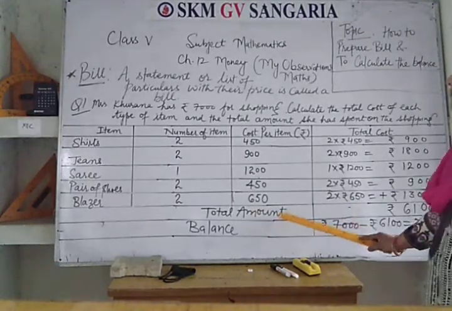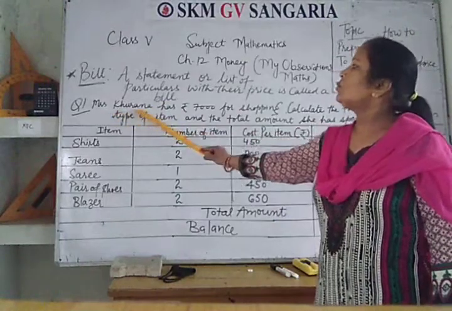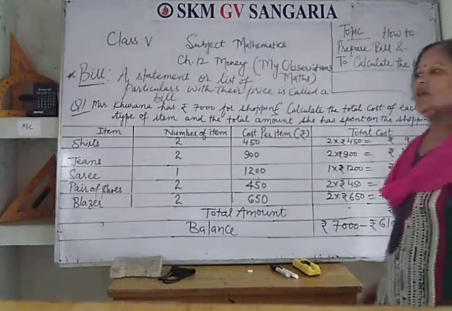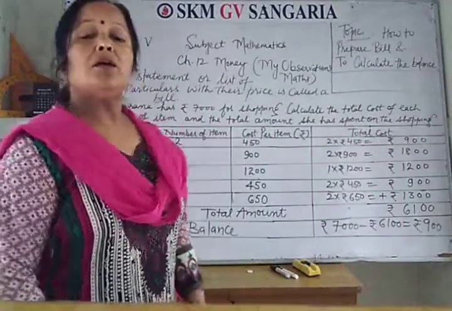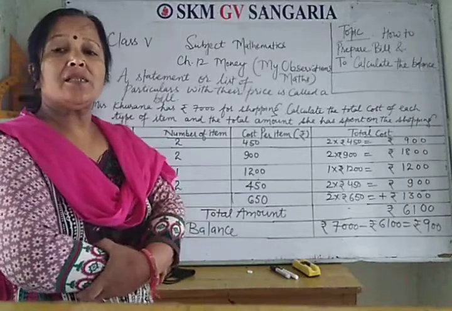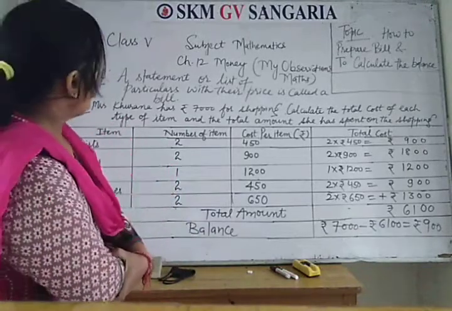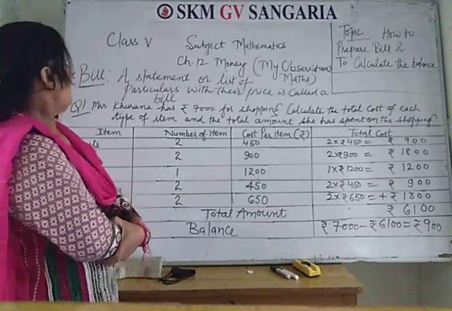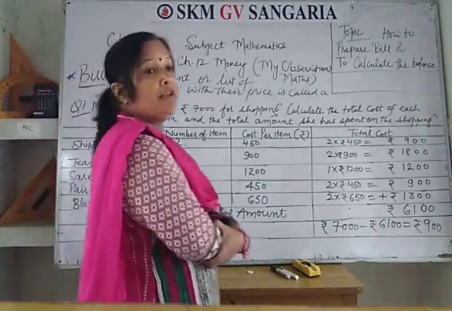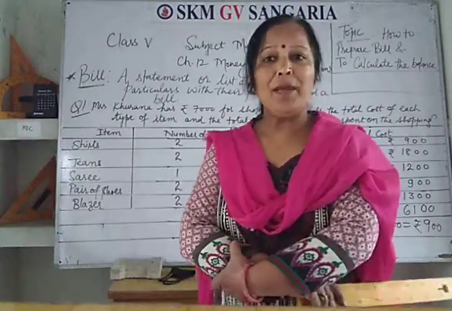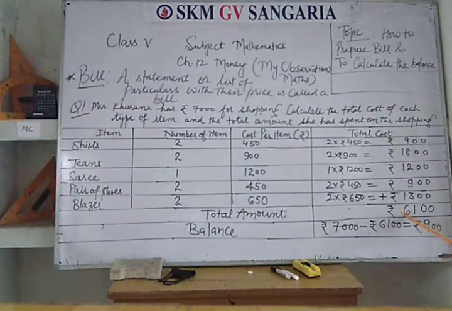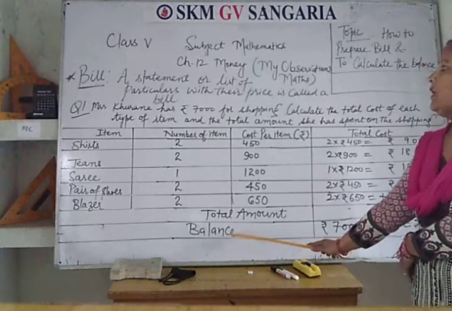So the total amount spent by Mrs. Khurana is rupees 6100. Balance means remaining money. How much will be the balance after the shopping? She has spent rupees 6100 in total.